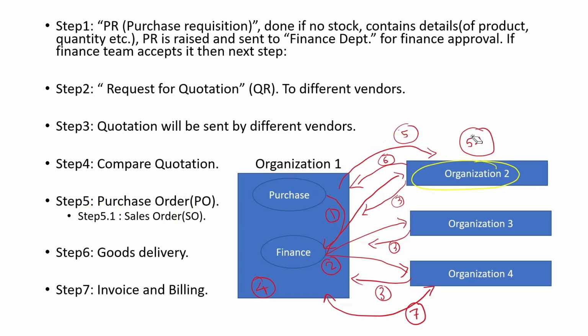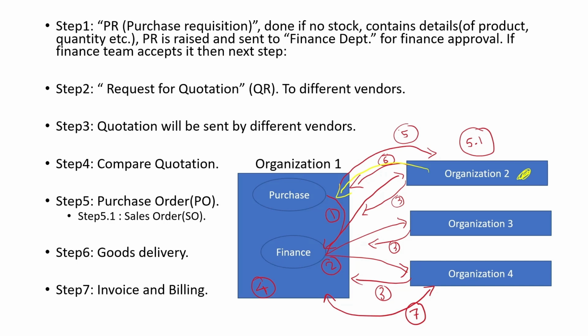After this, once the sales order has been created over here, they are going to deliver the goods, whatever the requirement was. According to that, they'll send it. Once the goods have been received, the next step will be invoicing and billing.